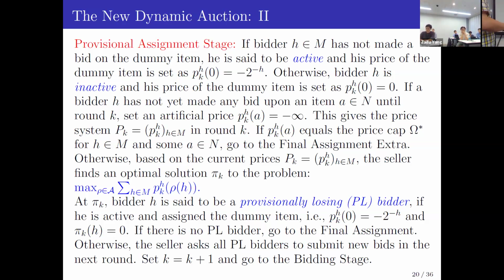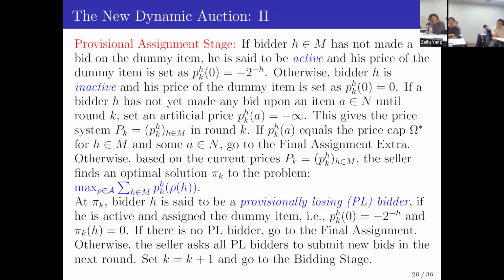If this bidder is active, namely he has never bid on the dummy item, but now he is assigned the dummy item, it means that this bidder has bid on something else, but the auctioneer does not assign his bid items, because that does not give the seller the highest revenue.